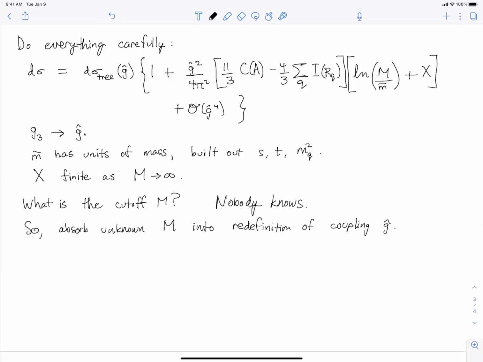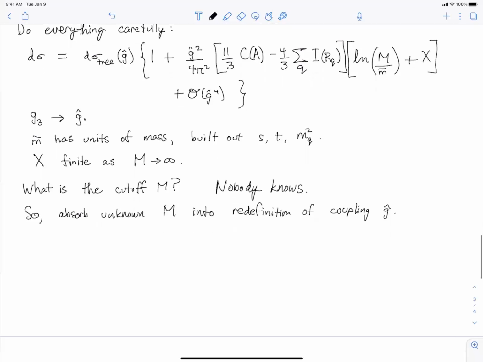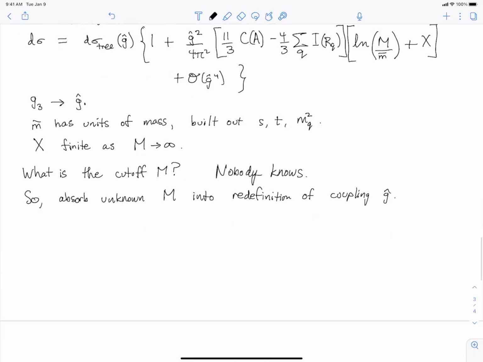But then at that point, we would define a new theory with that new physical effect built in, and then we'd need a new cutoff for that theory. So by definition, you never know what the cutoff is. If you knew, you would redefine your theory to include it, and then you'd have another cutoff. And in this case, at least for QCD, we don't really know. There are ideas, but we don't really know.